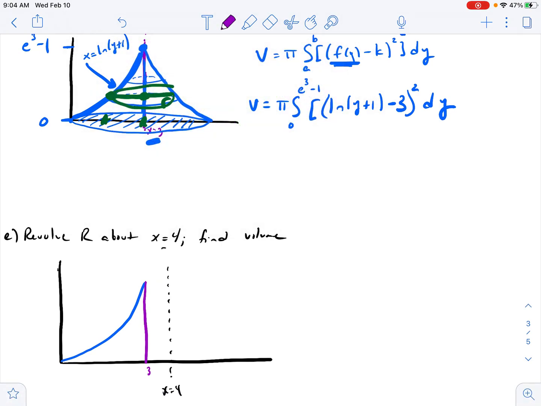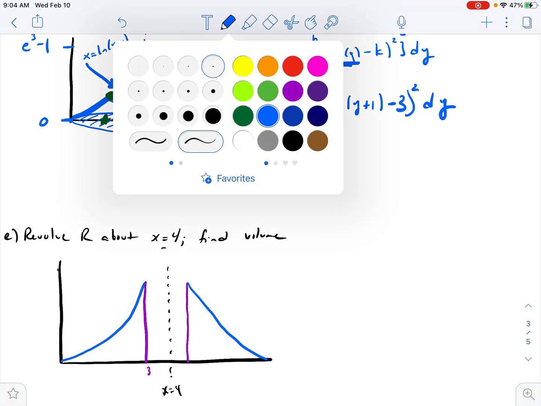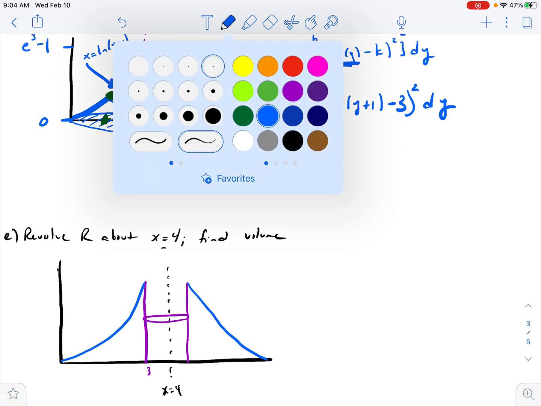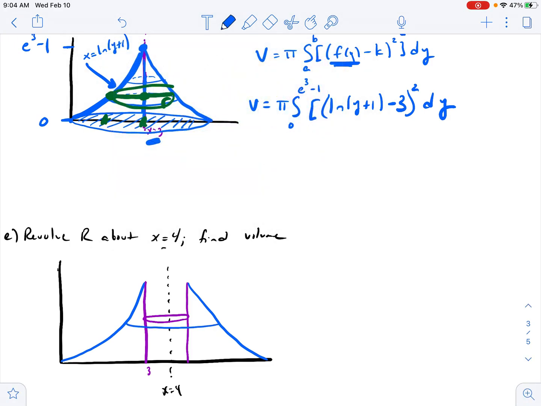All right, and so when I do the mirror image, the blue function's over here. When I wrap the purple, I'm going to get a set of circles. When I wrap the blue, I'm going to get a set of circles. And we're back to washers now. Again, these are dy washers. They're being stacked low to high.